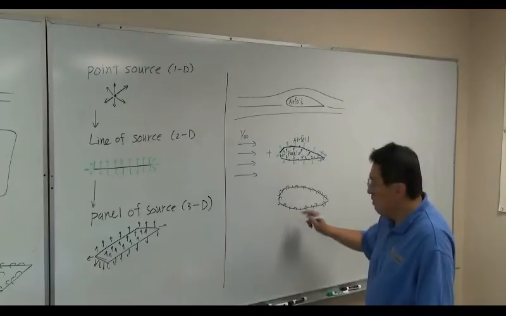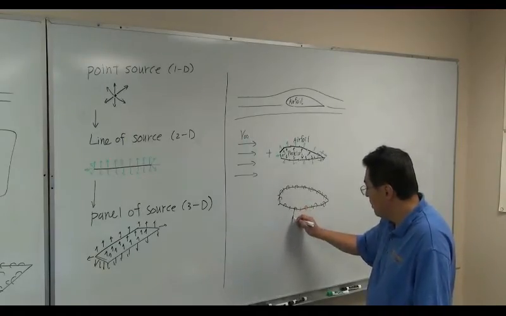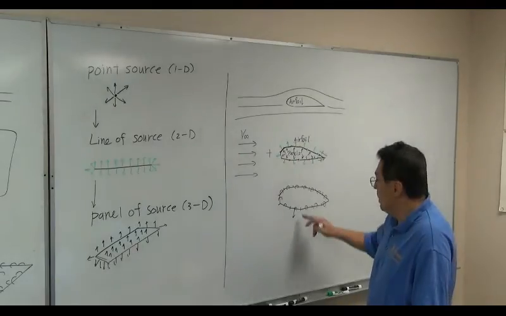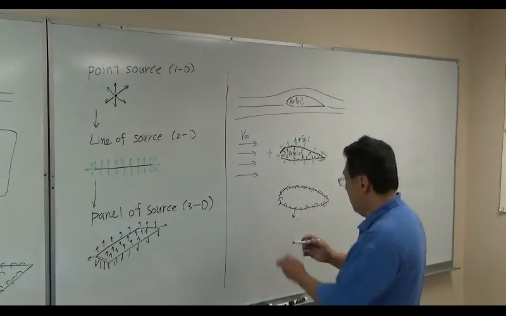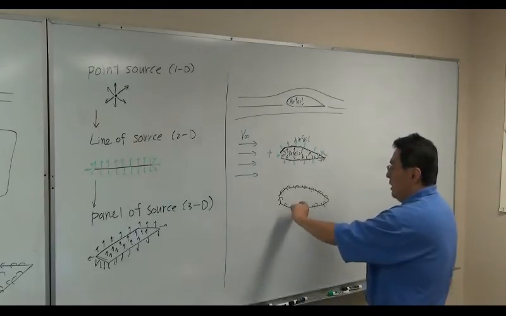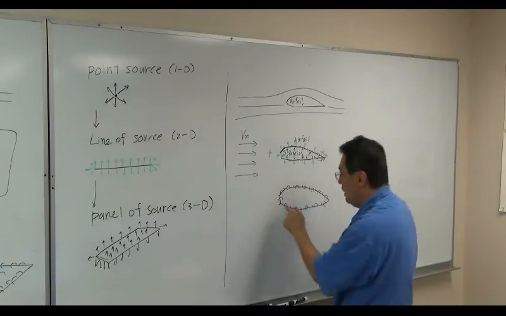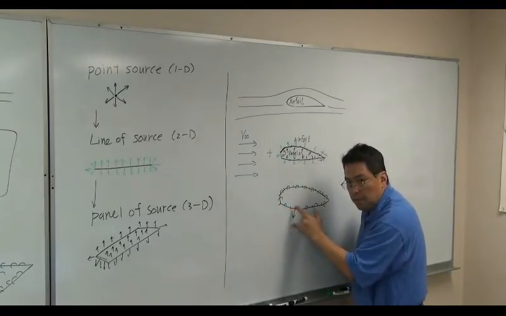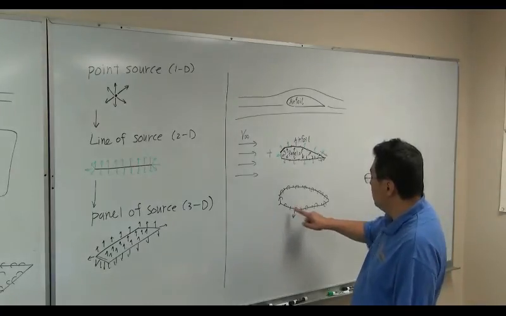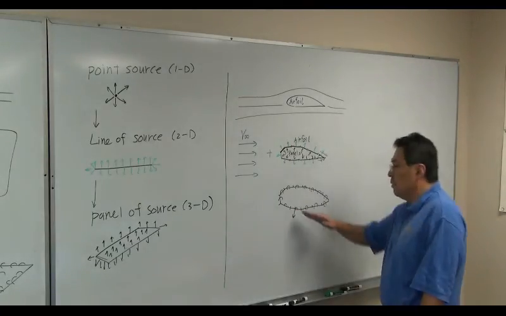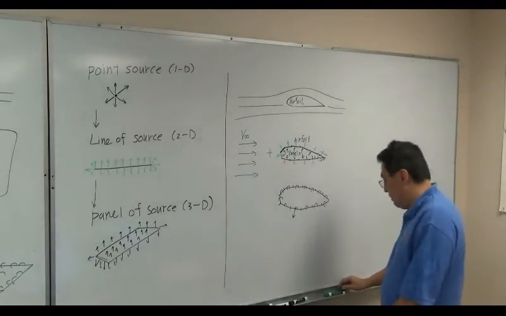Now, source panel also induces velocity at the control point. So depending on the magnitude of each panel, you are going to create the velocity. This velocity is going to be equal and opposite to the perpendicular component of V infinity. Then you're going to cancel out the velocity perpendicular to each panel, so you force the surface of this body to become a stagnation streamline surface.